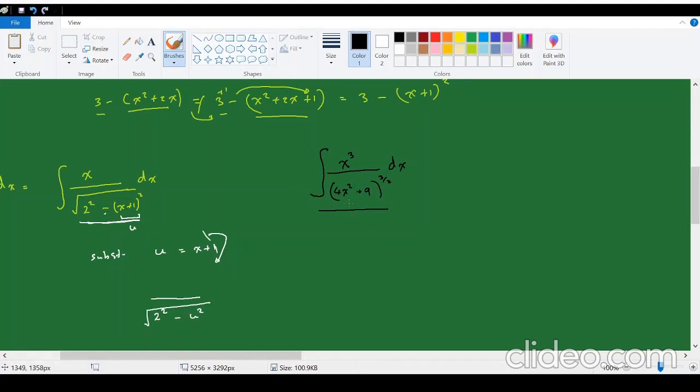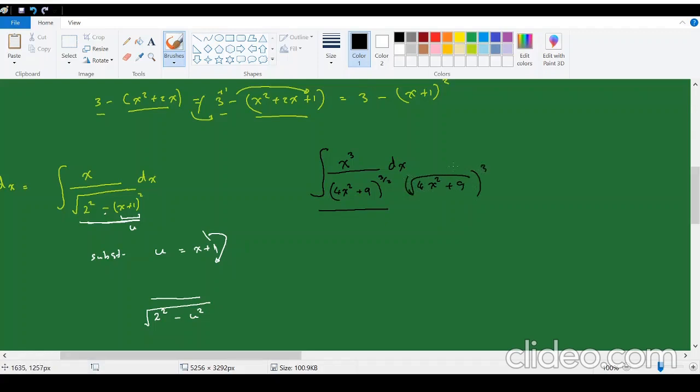Here also we had a similar problem, because although we have a square root term, this 3 over 2 can be seen as the square root of (squared plus 9) to the power 3.